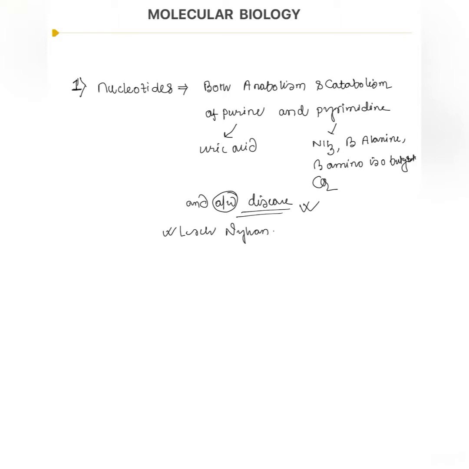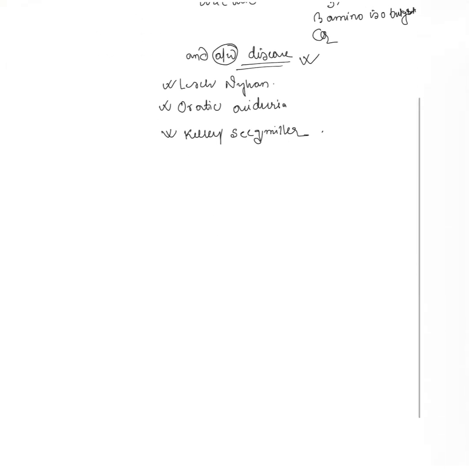In case of pyrimidine metabolism it is orotic aciduria, and in case of purine partial APRT deficiency it is Kelley-Seegmiller syndrome.